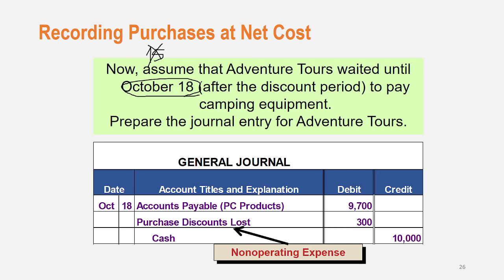So since Adventure Tours missed the discount period, they have to pay the full amount of $10,000. We bought 50 sets, each set was $200, and the full amount before discount was $10,000. Now we are on October 18, after 15 days, and we should pay the total amount of $10,000. But how should we record the $10,000?